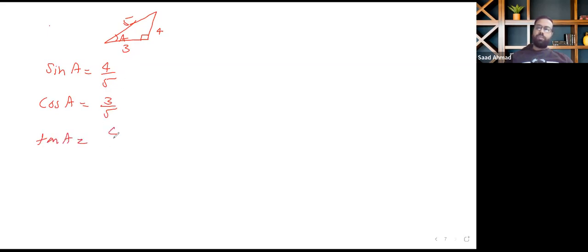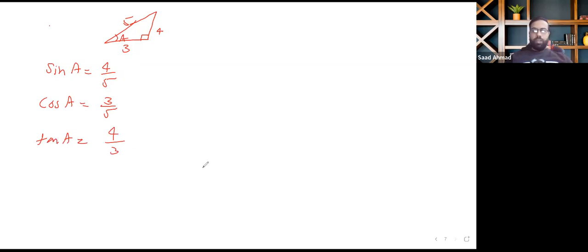Let's say, for example, we have a right triangle. Let's say the side lengths are 3, 4, and 5. This is angle A here. So we get sine of the angle A equals 4 over 5. Cos of the angle A equals 3 over 5. And tan of the angle A equals 4 over 3, like this.